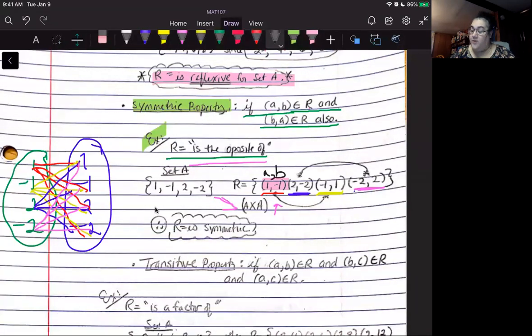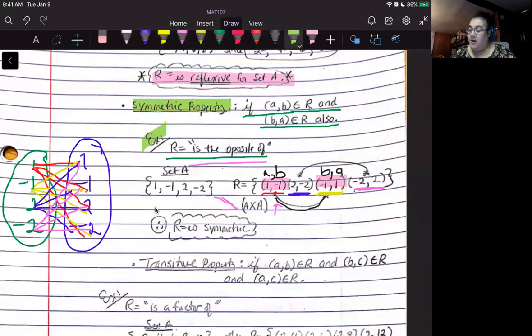Sure do, right over here. The yellow one also has that, but in this case we have B, A. So they are the opposite of each other. And both of them are inside the relation.